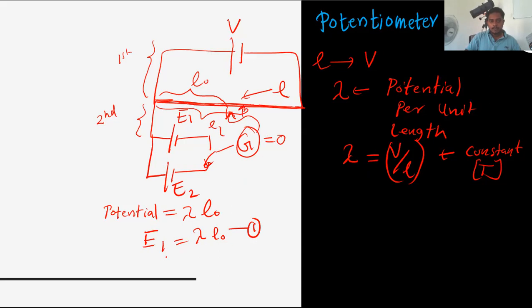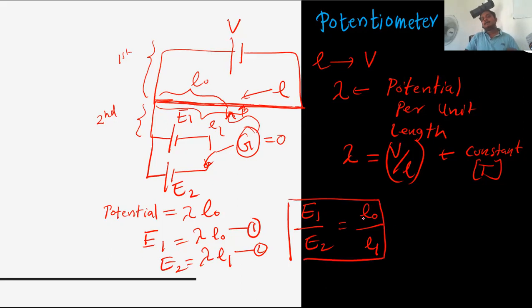So E2 is lambda L1. I can compare E1 over E2 easily by dividing these two. Lambda and lambda cancel out, and I get L0 over L1. So I can easily compare the EMFs of these batteries using the potentiometer.